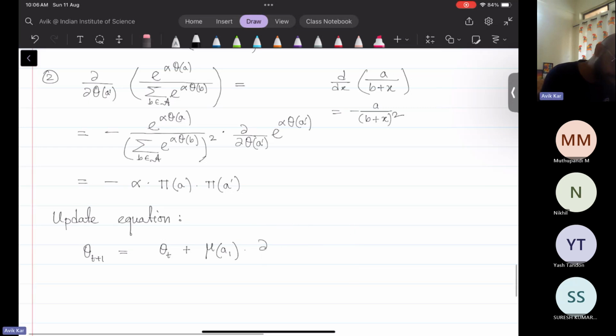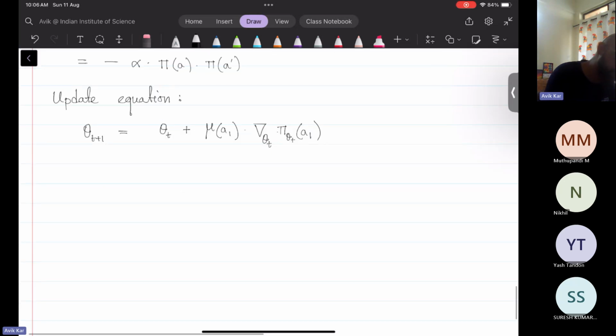So this is the gradient with respect to theta, taken at theta t, of pi theta t a1, right?